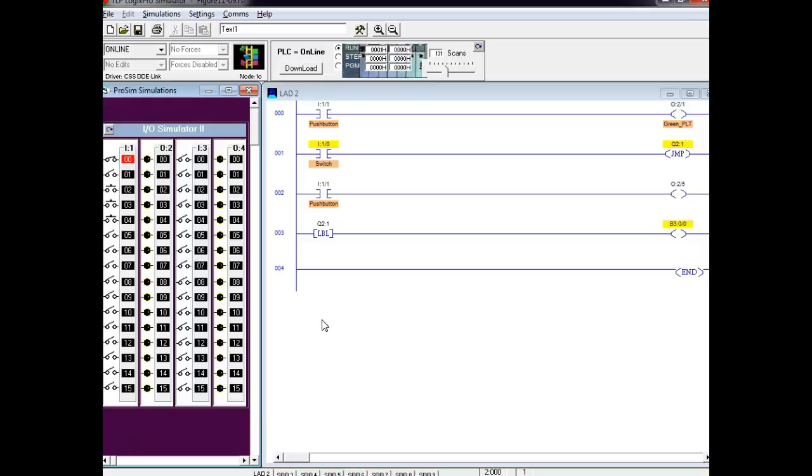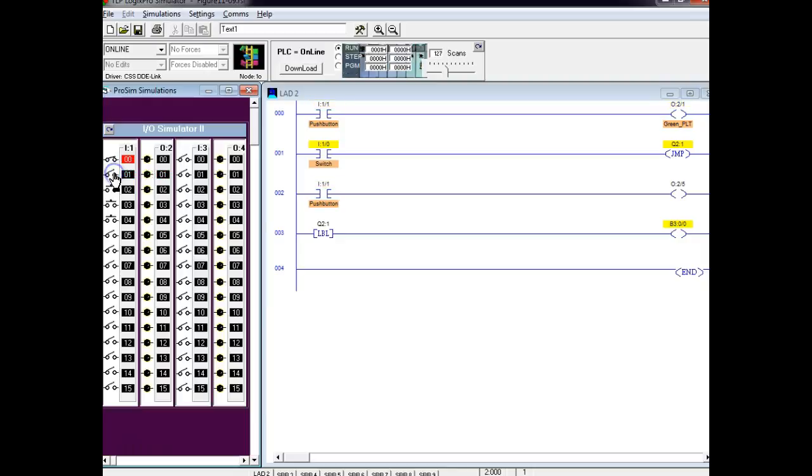So if that was a compare instruction and I started jumping over, if it was true before I started jumping, the output's going to be true because I'm not scanning that input. And with the output off, it said, I'm already off, so I'm just going to jump. That's what it's doing. It's jumping over that rung. Notice the output doesn't turn on even though I'm closing this switch.